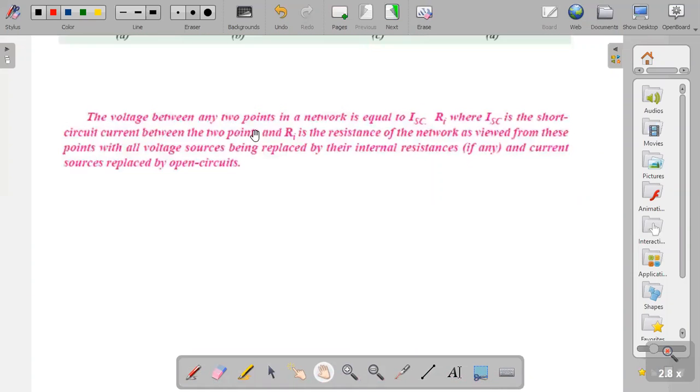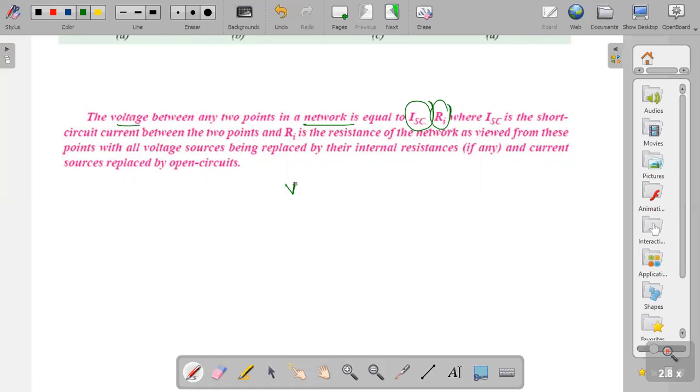The voltage between any 2 points in a network is equal to Isc. And what is Isc? S for short, C for circuit current: short circuit current. What is the formula for Ohm's law?